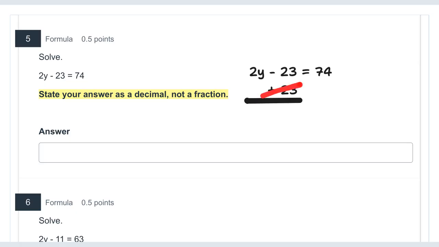So that plus 23 takes out that minus 23, which is going to leave me with just 2y on the left-hand side. And since I added 23 to this side, I have to add 23 to this side. So plus 23.